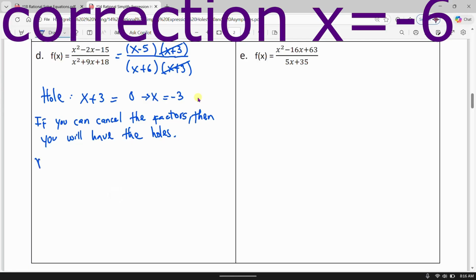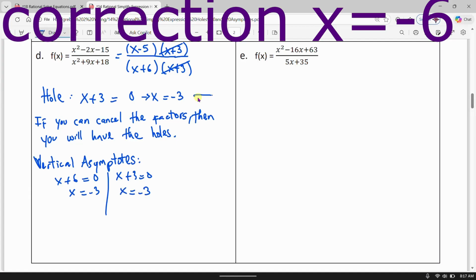So quickly, let's find the vertical asymptotes for this one. You're going to make x plus 6 equal to 0, and then x plus 3 equal to 0, then x equals negative 6, x equals negative 3.